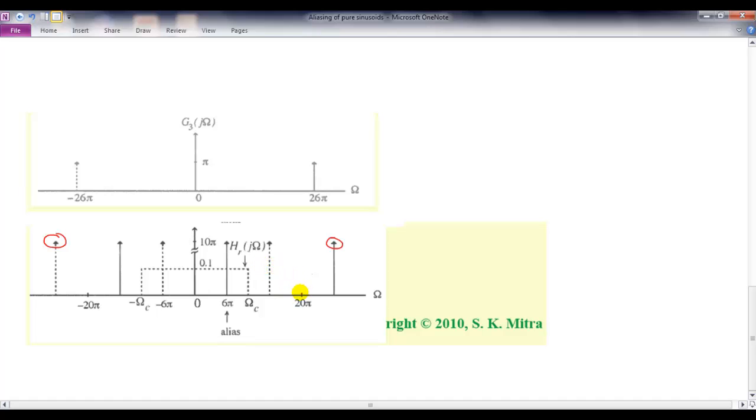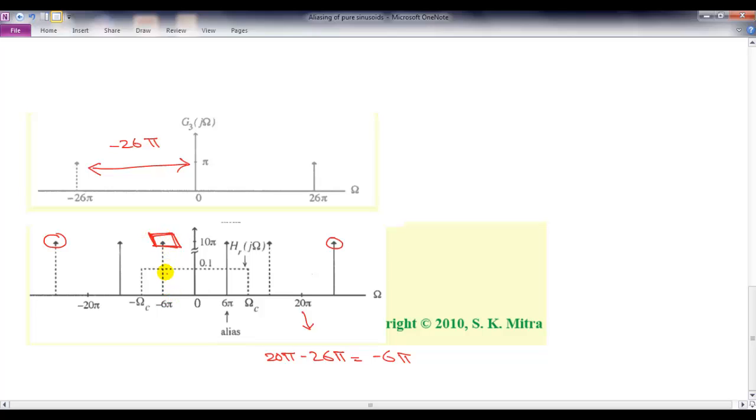If I look at the copy at 20 pi, the distance to the negative frequency is minus 26 pi. Because of this, I get this square region at 20 pi minus 26 pi, which is minus 6 pi.